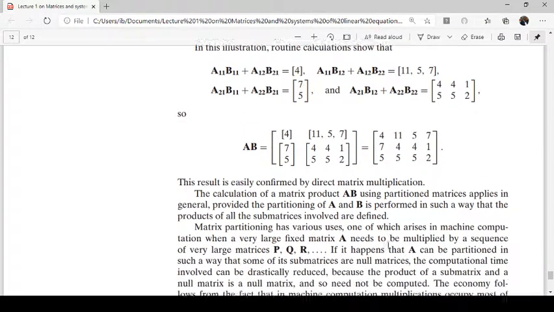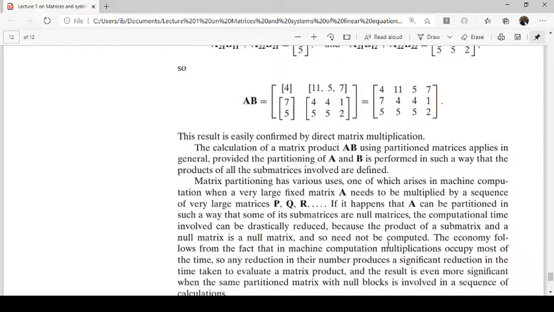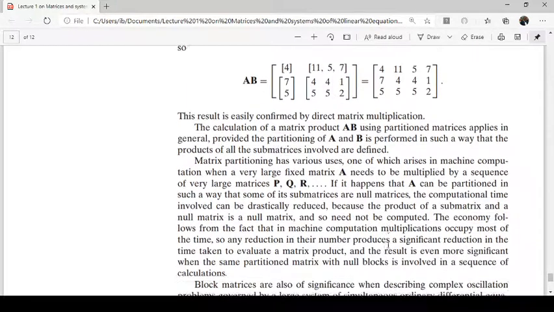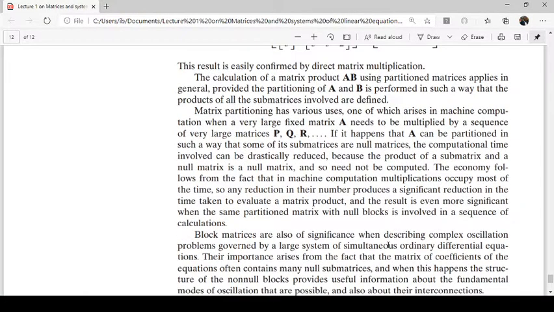So what we are just saying is that the calculation of a matrix product using partitioned matrices is applicable when we partition A and B in such a way that we perform the product of their submatrices.